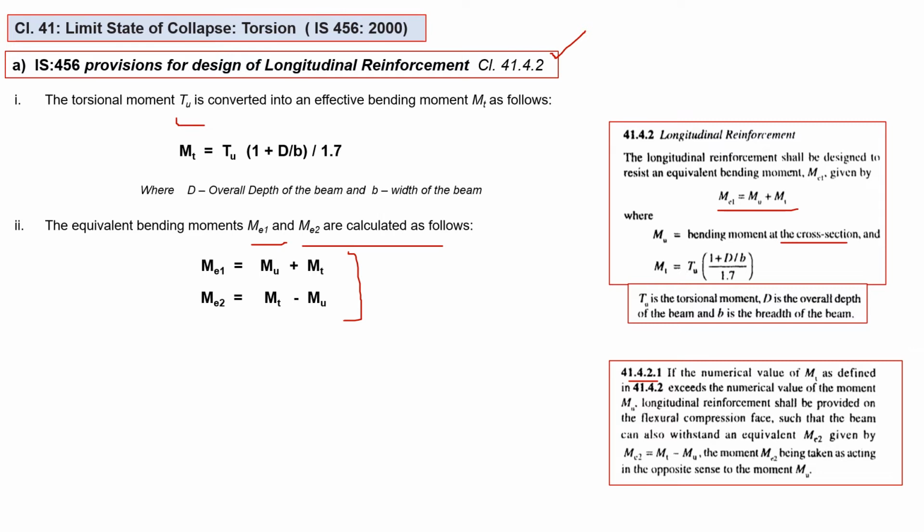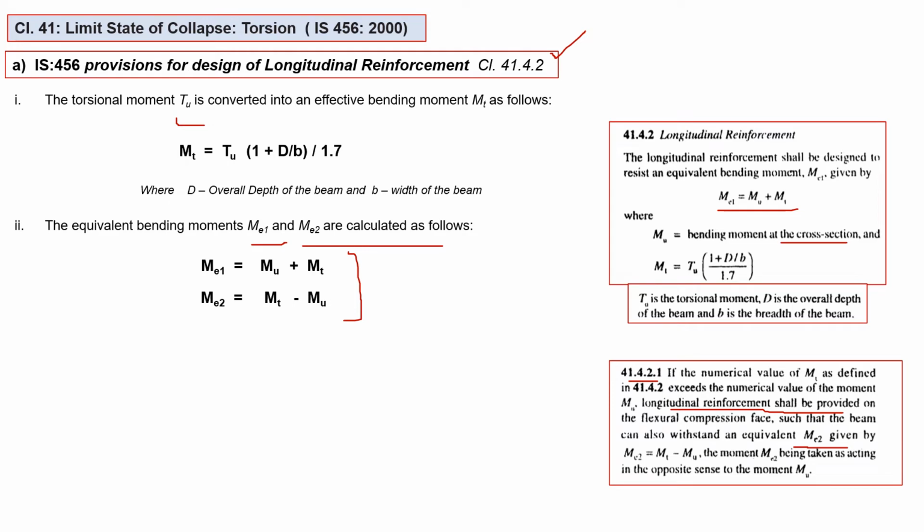Now if MT is greater than MU, then ME2 will be a positive value. Now what we have to do, the longitudinal reinforcement needs to be provided on the flexural compression face, such that the beam can also withstand an equivalent moment, that is ME2, given by this formula.